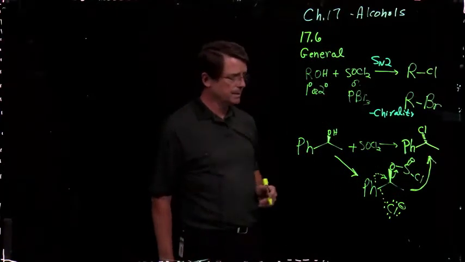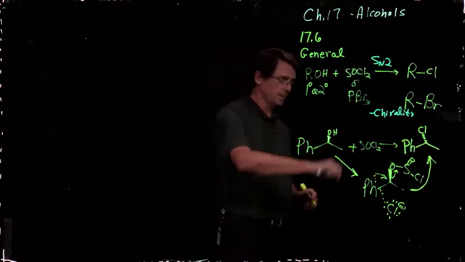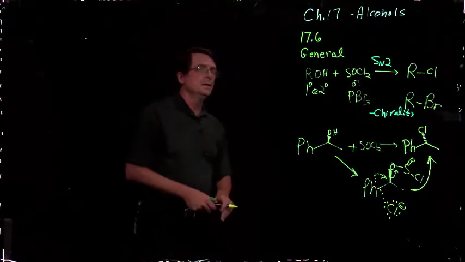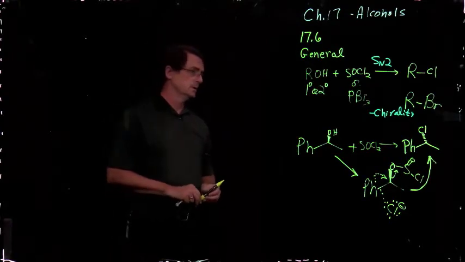All right, and a similar intermediate obtains just with the phosphorus oxygen displacing the bromide for PBr3. All right, so that's the first one, the interconversion to the alkyl halides.